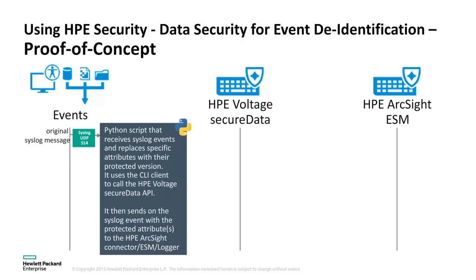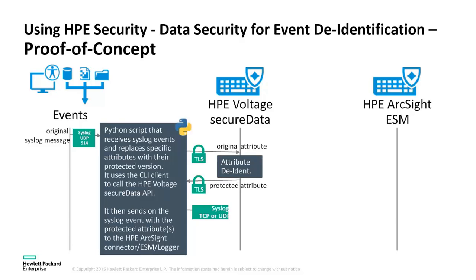HP Security Voltage has many application programming interfaces to do so. In this POC, we will use a custom Python script that receives the syslog event over the network and calls the Voltage Secure Data CLI API to tokenize the corresponding attribute. Then the syslog message with the de-identified username attribute gets sent to the ArcSight Smart Connector and eventually to the ESM database, ready to be correlated.